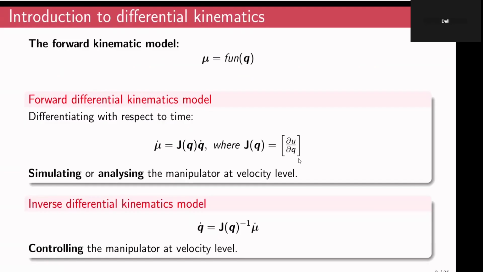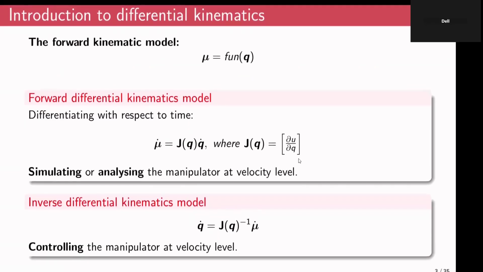Either way, it's fine. All right, so we'll basically have an overview of what differential kinematics is. We have already seen what a forward kinematic model is. It's basically a mapping from the joint space variable to the task space variable.